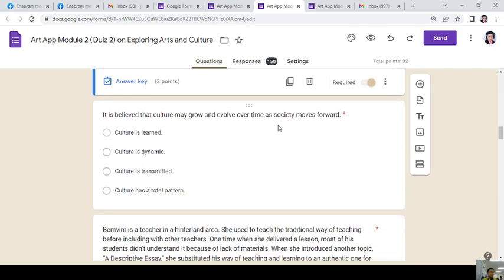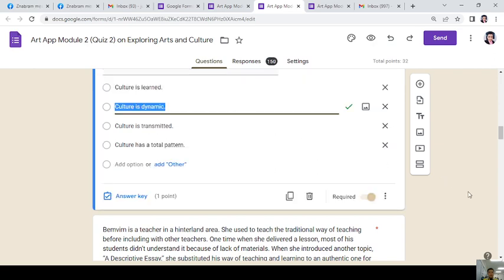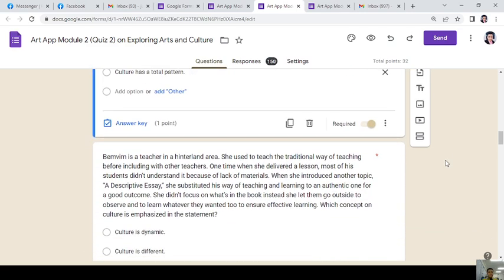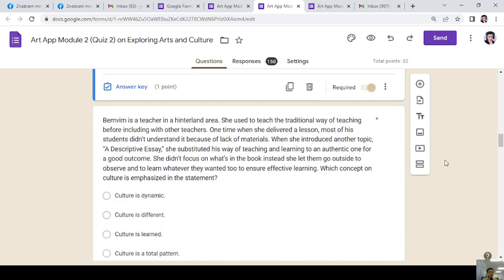Next, it is believed that culture may grow and evolve over time as society moves forward. So that concept belongs to culture is dynamic, because of the word evolving or changing. Now, moving on. Bemvem is a teacher in a hinterland. She used to teach the traditional way of teaching before, like with other teachers.